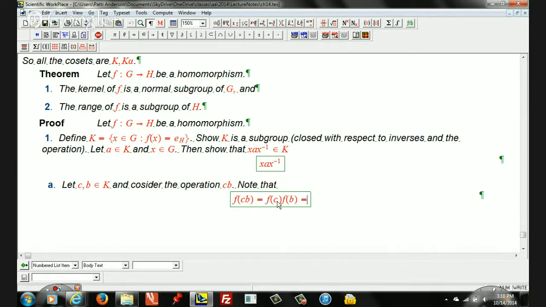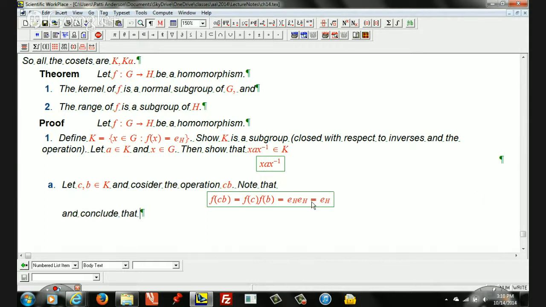And F of C, I know is equal to what? Epsilon. It's the identity because it came out of our set K. So this is going to be the identity in H. But what is that equal to when you multiply them together? It's just the identity.